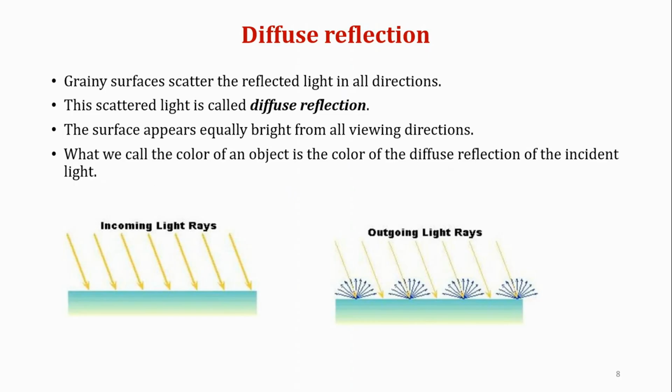Because the reflected light is distributed equally, the object appears equally bright from every viewing angle. The color we perceive for most everyday objects is primarily due to diffuse reflection. So the surface appears equally bright in all viewing angles. That is the role diffuse reflection plays.